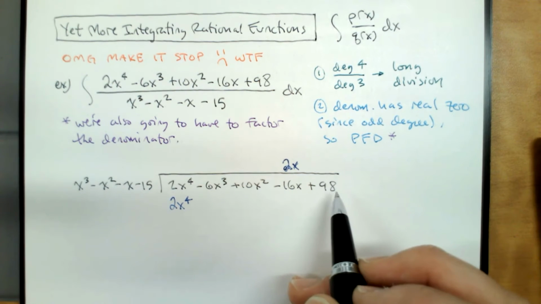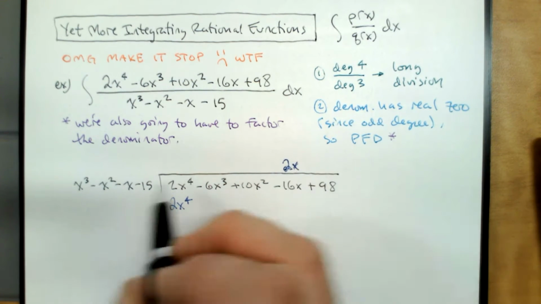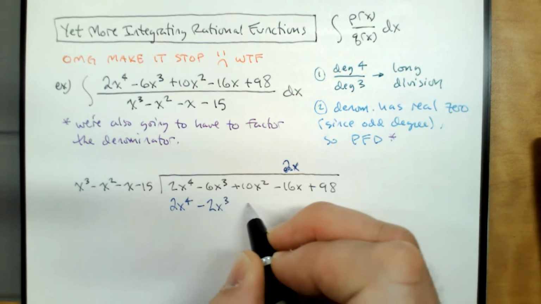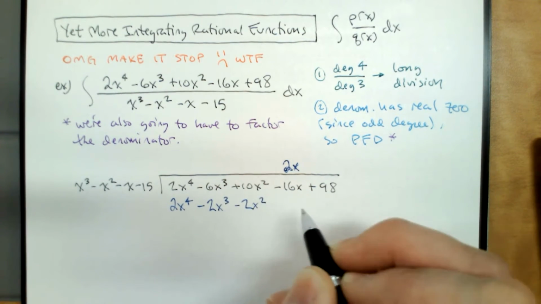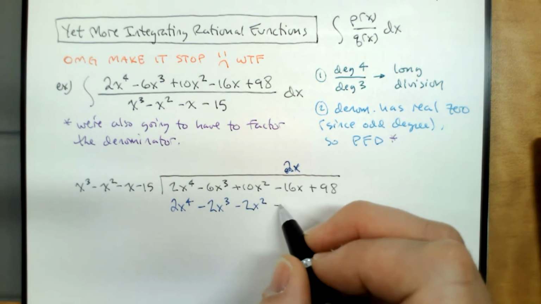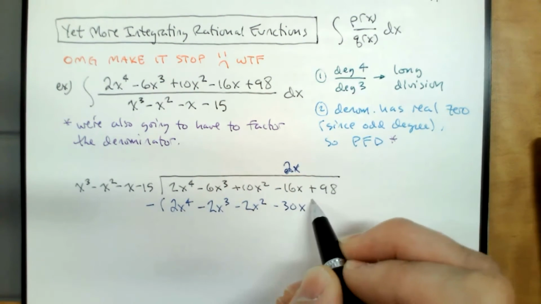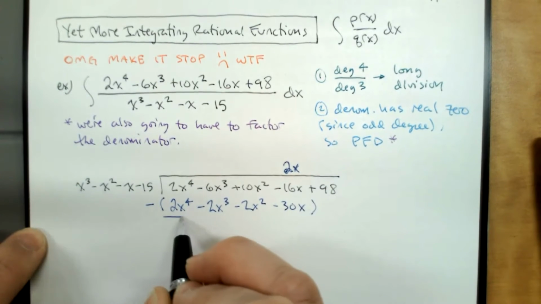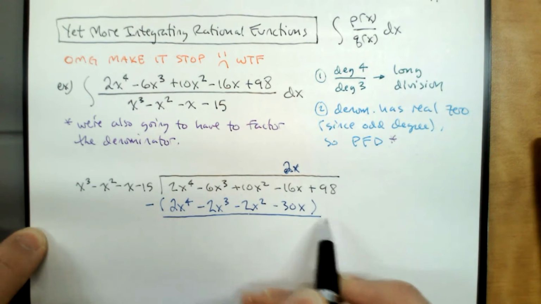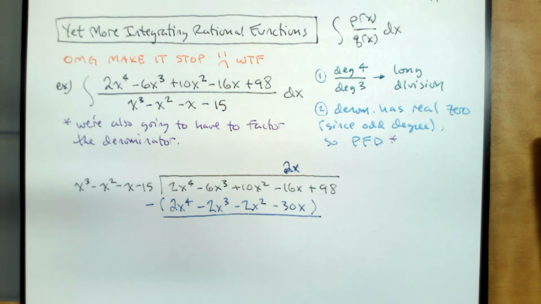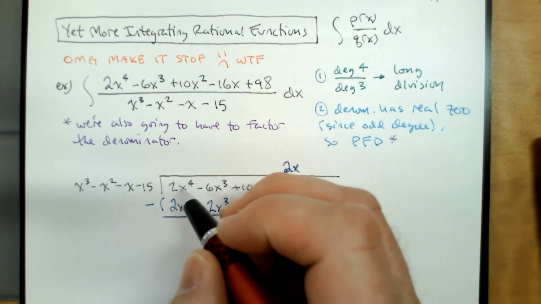From this fourth degree polynomial, 2x times. So I multiply everything by 2x: minus 2x to the third, minus 2x squared, minus 30x. The first term cancels out.